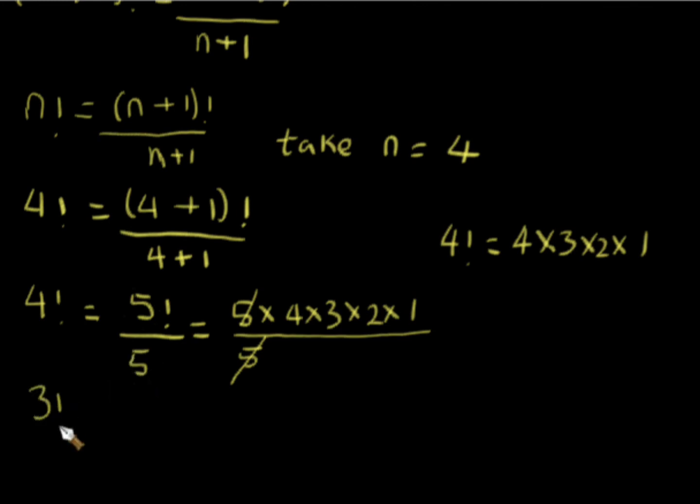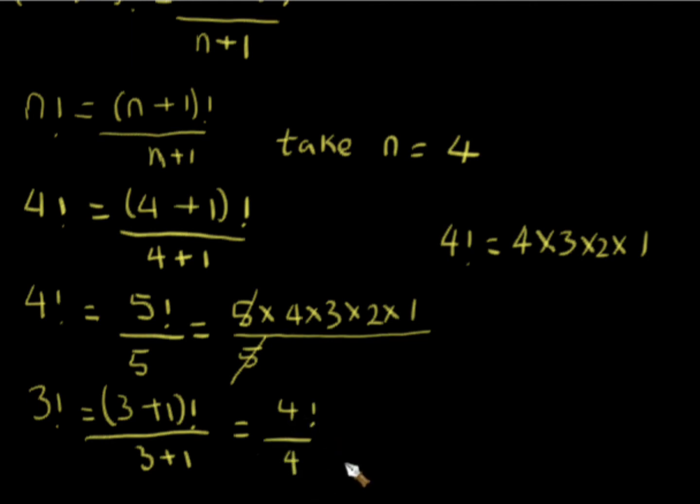3 factorial is equal to, now our formula says, 3 plus 1 factorial divided by 3, right? This gives us 4 factorial divided by 4, right?